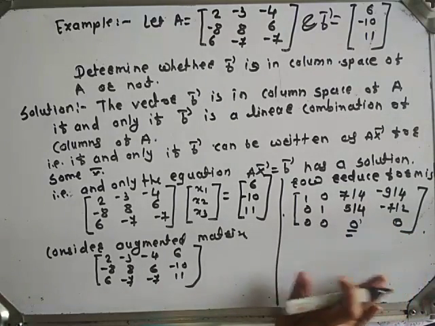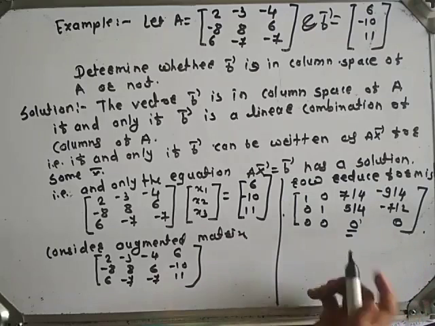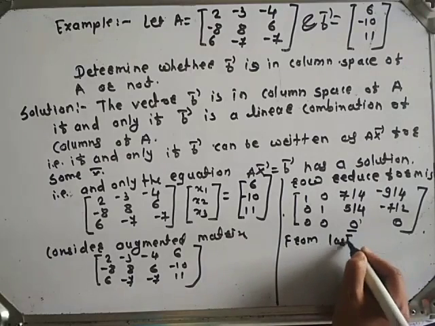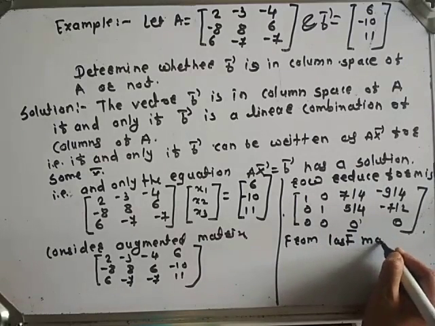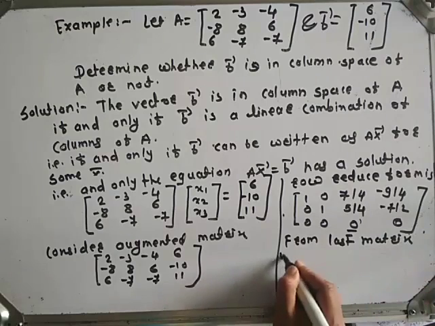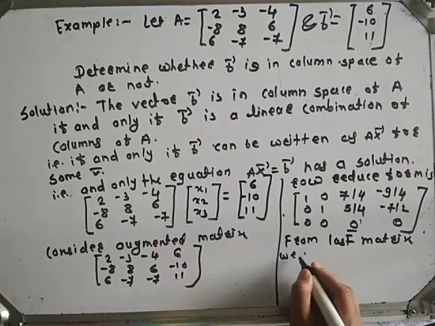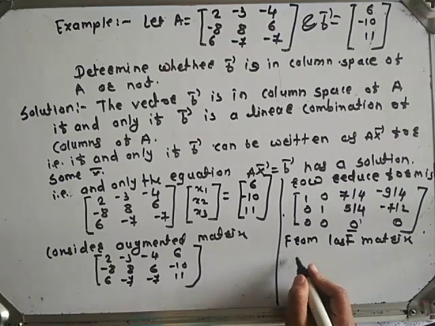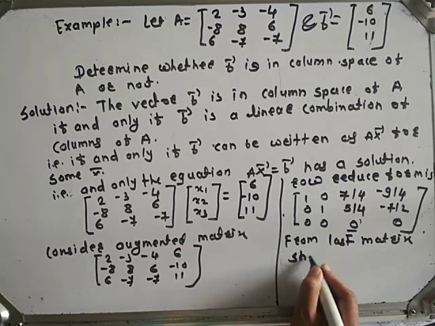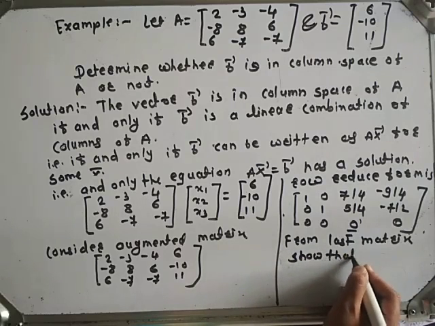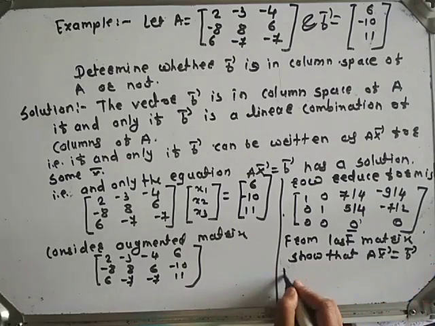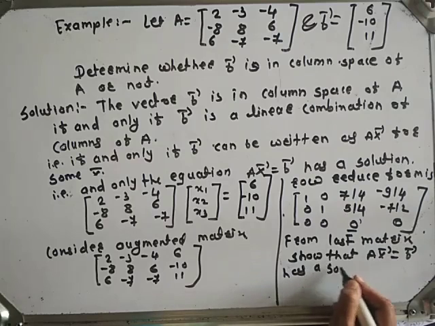From the last matrix we can say that A into x bar is equal to b bar has a solution.